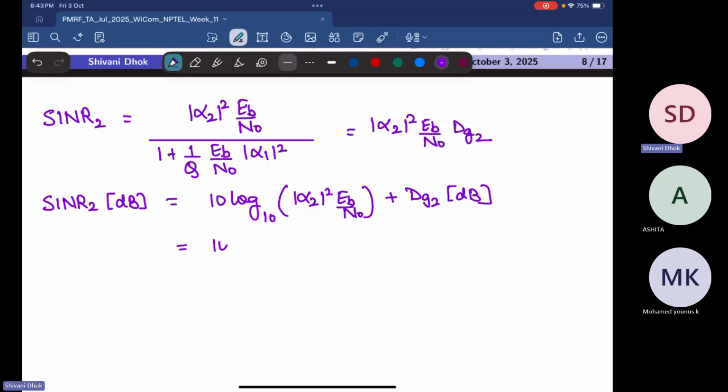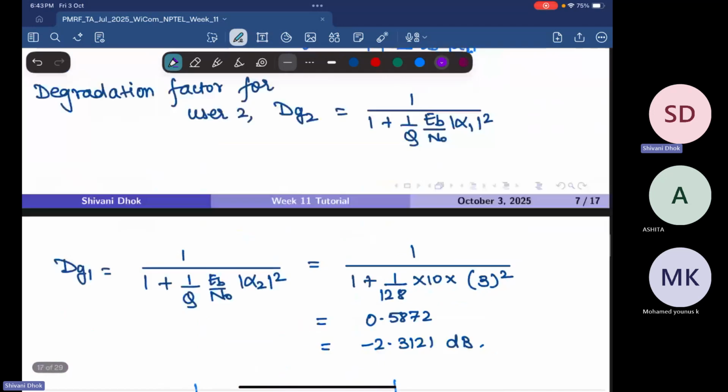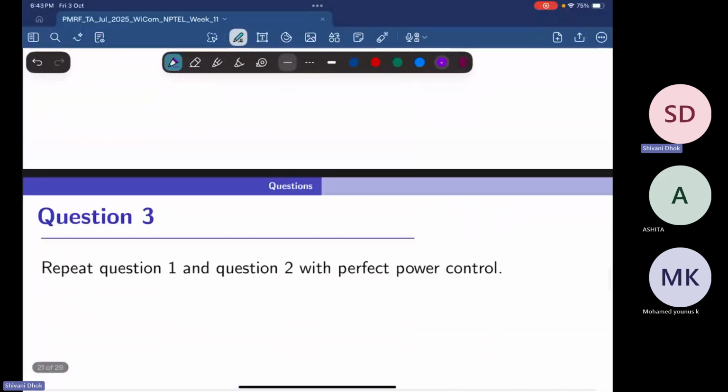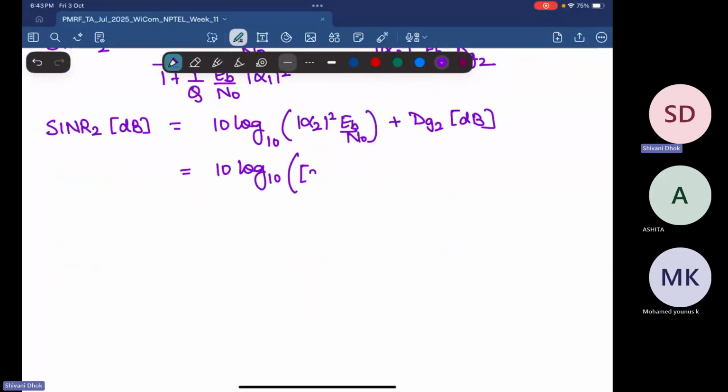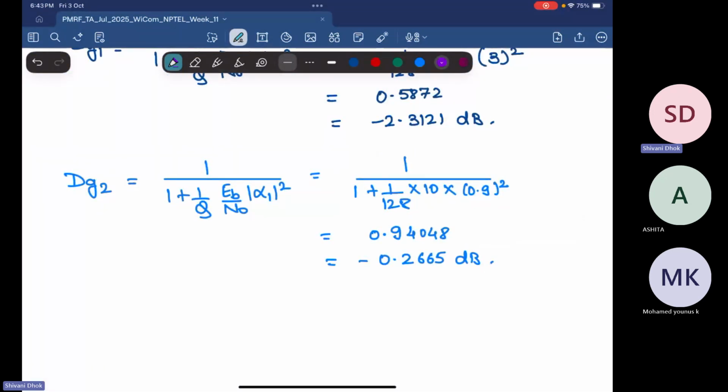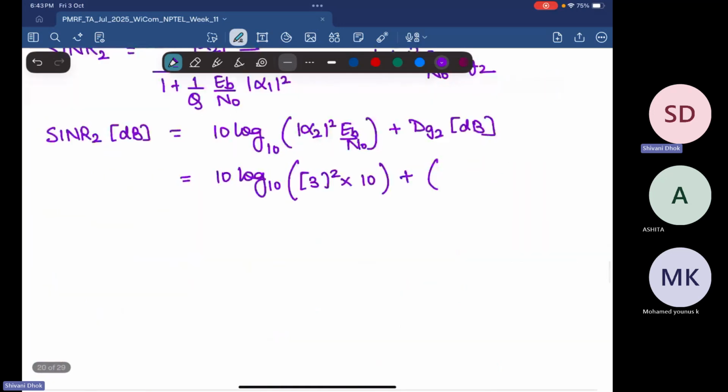So this is equal to 10 times log of magnitude of alpha 2, which is basically 3. So we have 3 square, and EB by N naught we have seen as 10, plus you have DG2, and this DG2 we have obtained as minus 0.2665 dB.